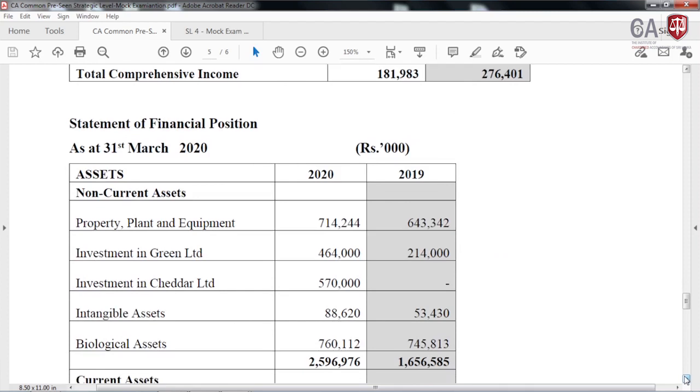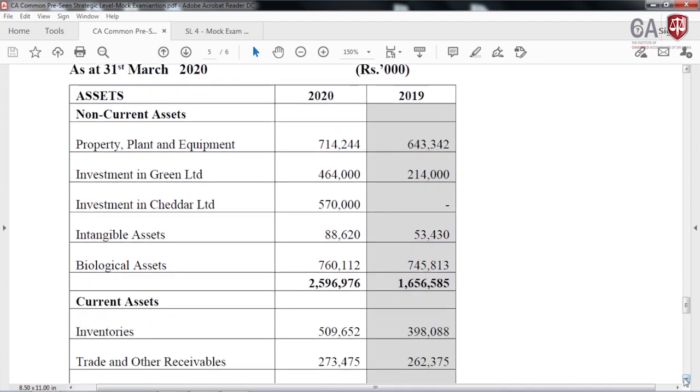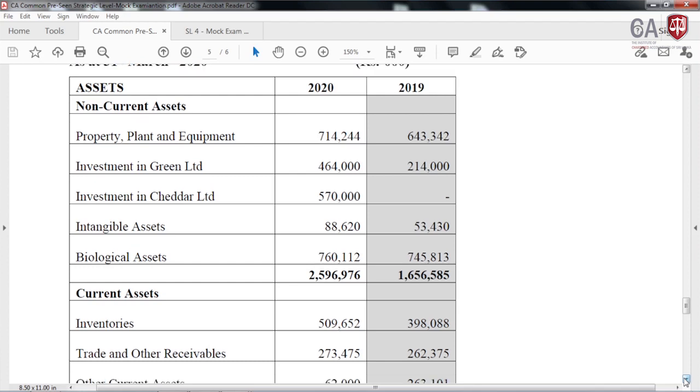Right. Then financial position information has been given. PPE has increased. Then you can see investment in Green Limited has increased. It's double, no? It was 214,000 in 2019, and in 2020 it has increased to 464,000. Then there is a new investment in Cheddar Limited, 570,000.